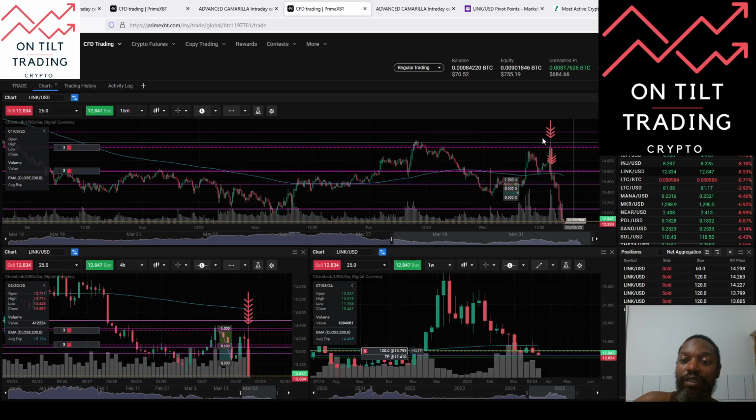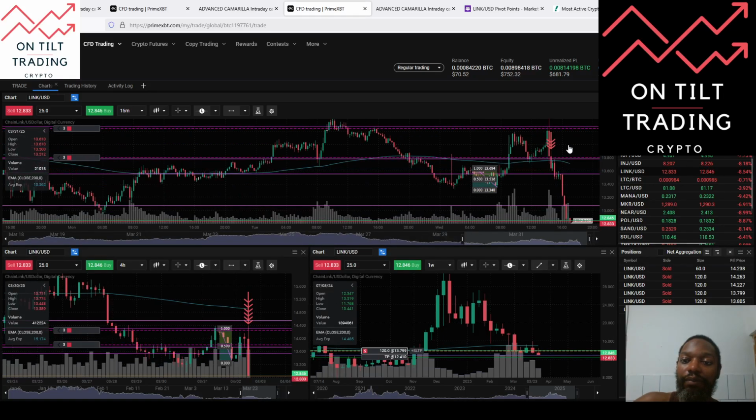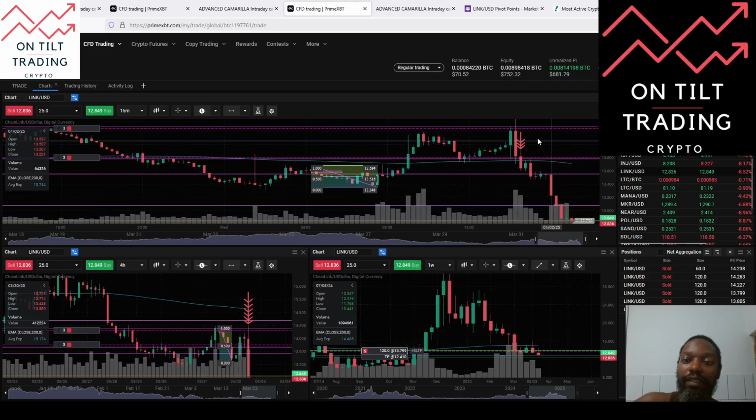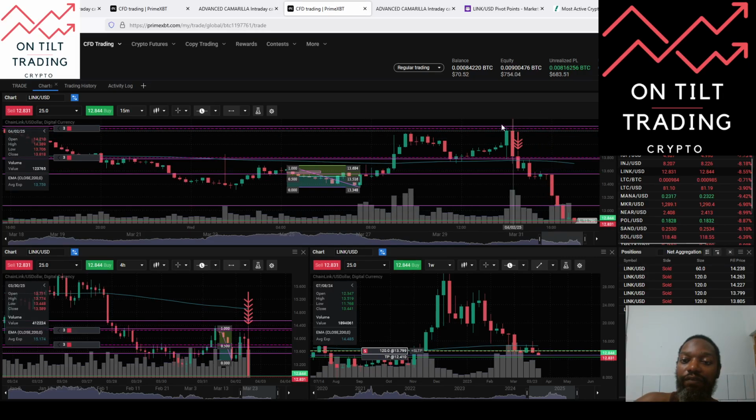I take 3 entries, with the stop being back there, and then we get some aggressive selling right away, moving away from the entries, and all the entries are right here in this area. These entries here at the top are definitely aggressive.